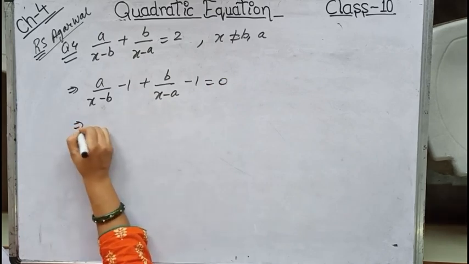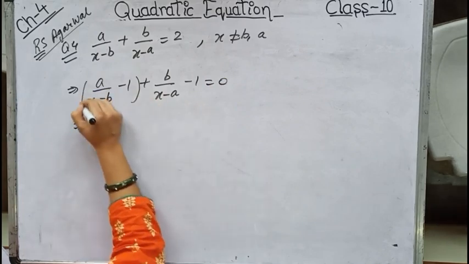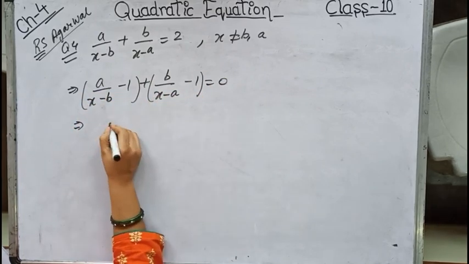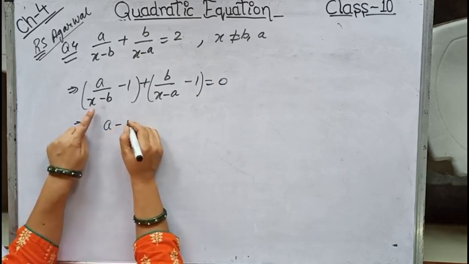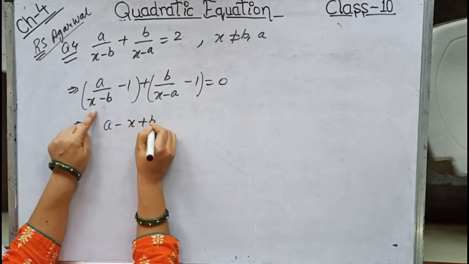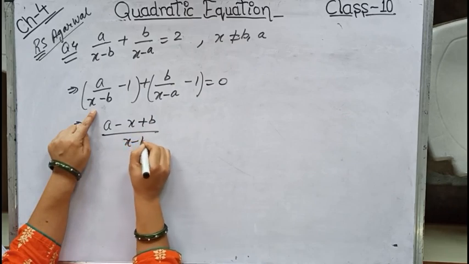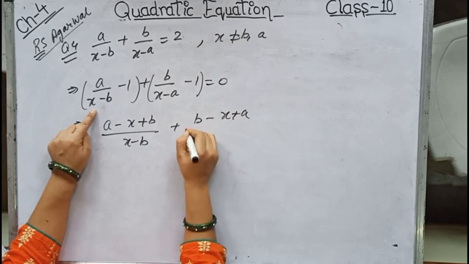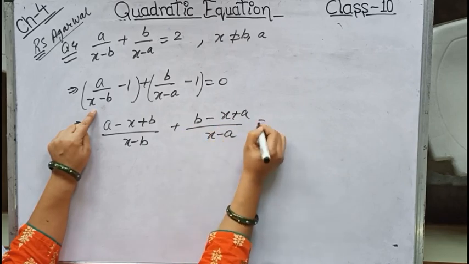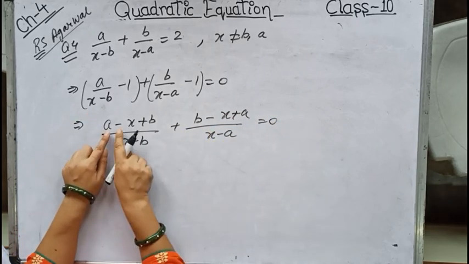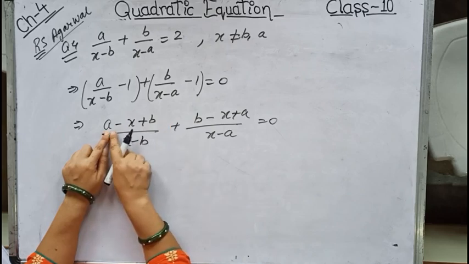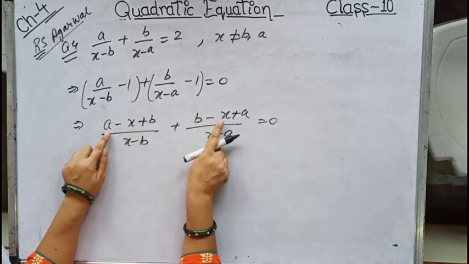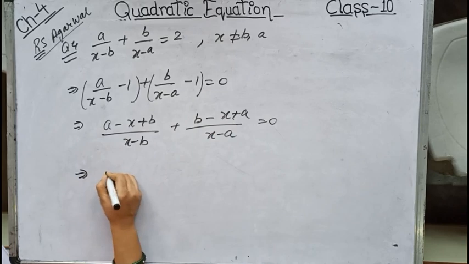So now solve this one and this one separately. We will get (a minus x plus b) by (x minus b) plus (b minus x plus a) by (x minus a) equals 0. Now you can see these two terms are the same: a plus b minus x, a plus b minus x. So we can take that common.